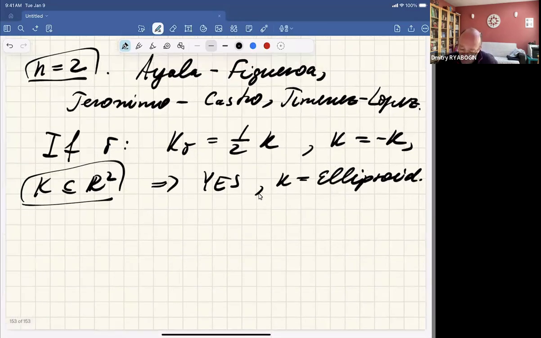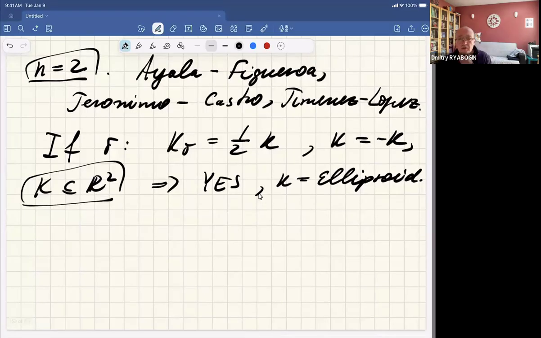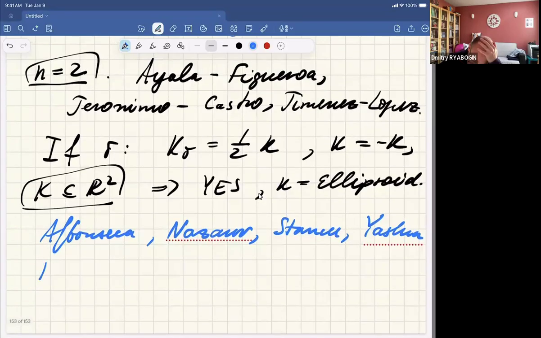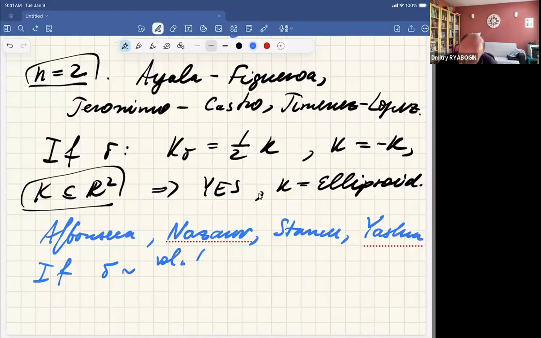On the other hand, this is the only result in this full generality that is known so far, and it is a beautiful and highly non-trivial proof. But we also recently, together with Maria Alfonseca, Fyodor Nazarov, Alina Stanko, and Vlad Yaskin, show that if, in general, delta is very close to half, then the answer is negative.